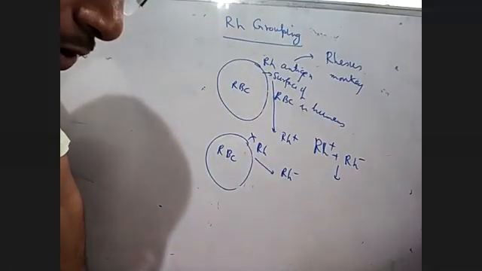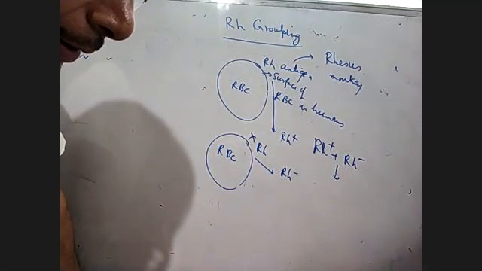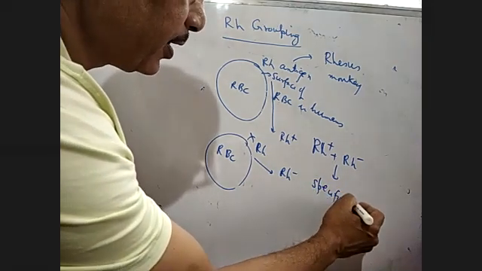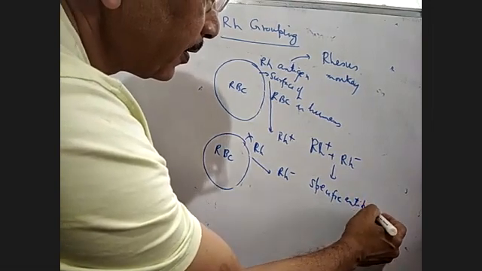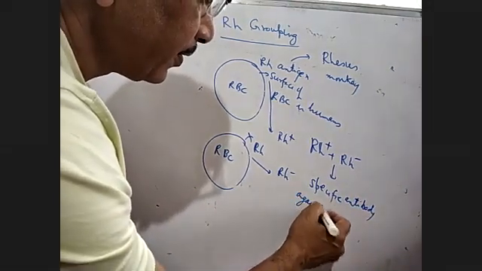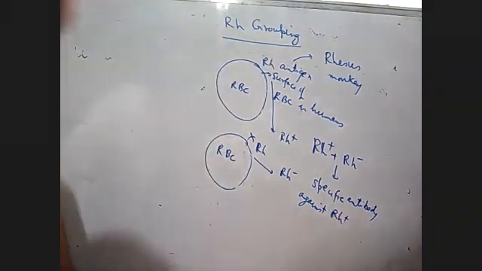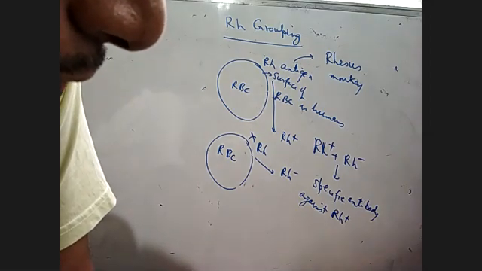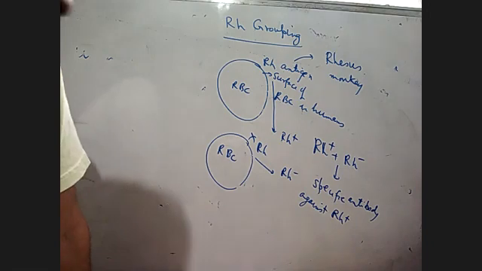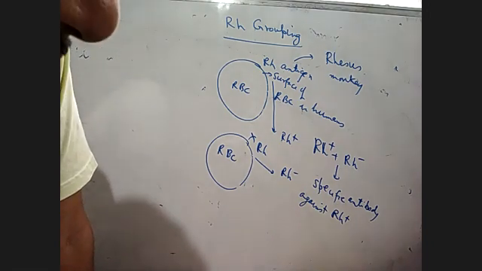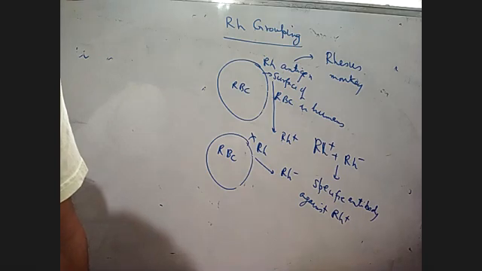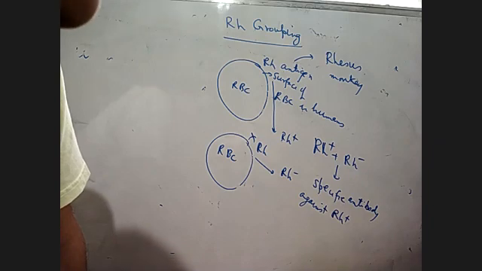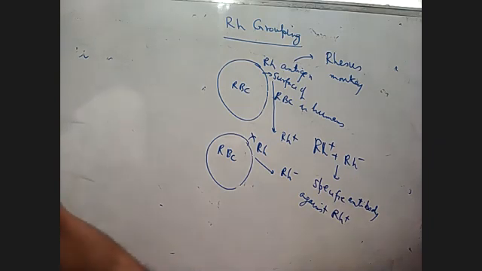Then there will be formation of a specific antibody against RH positive. So there will be a specific antibody against the RH antigen. Therefore, the RH group should be matched before the transfusion.